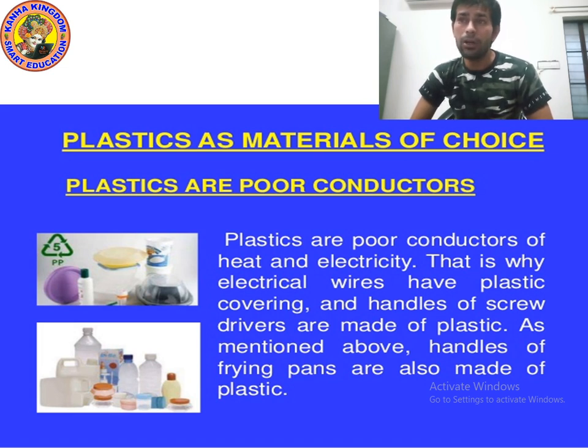So the handle of a screwdriver is also made of plastic to save us from electricity. As mentioned above, handles of frying pans are also made of plastic.